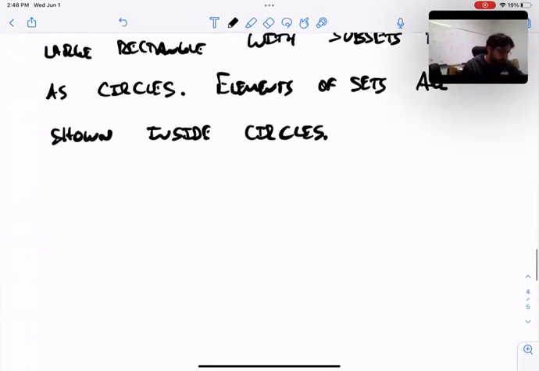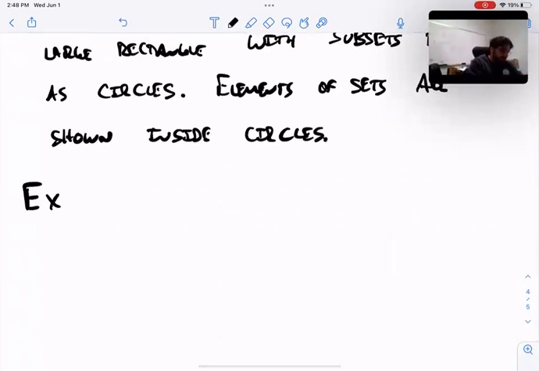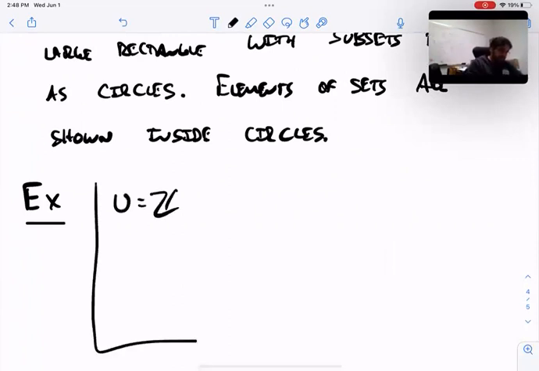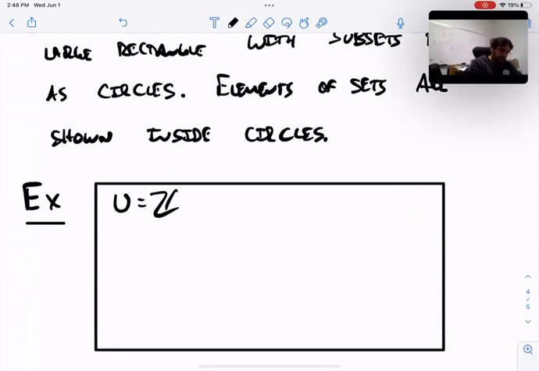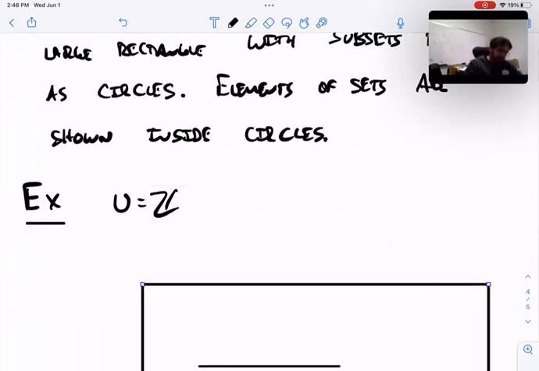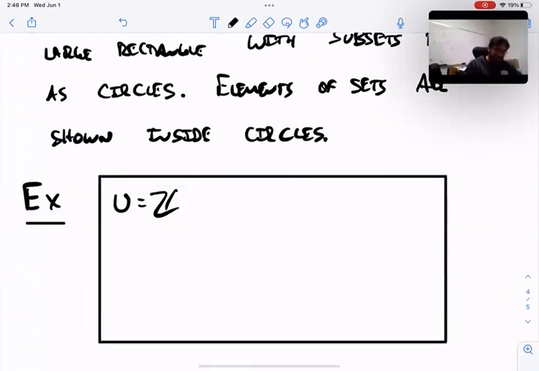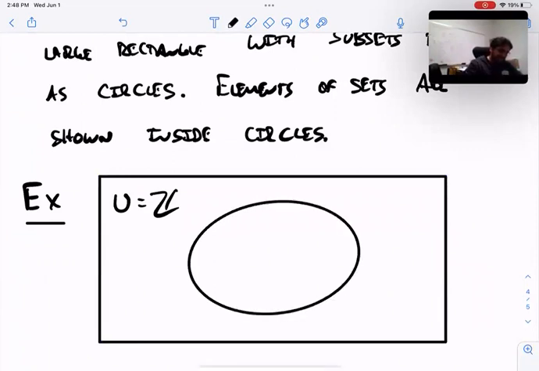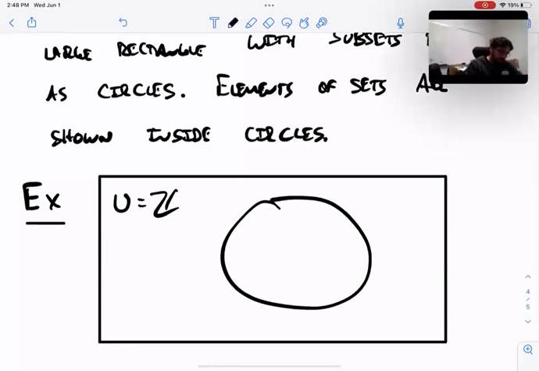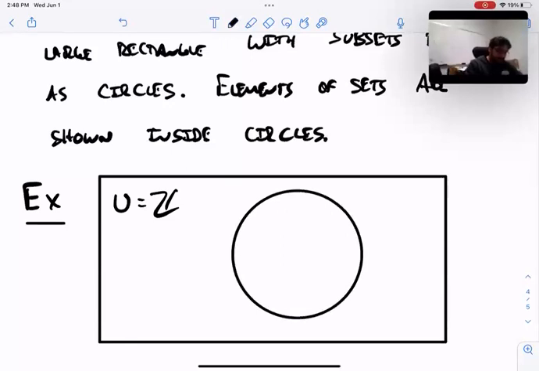So, for example, here would be a Venn diagram depicting what we just observed, the universal set of integers. And then in here, I could show the set of natural numbers as a circle.